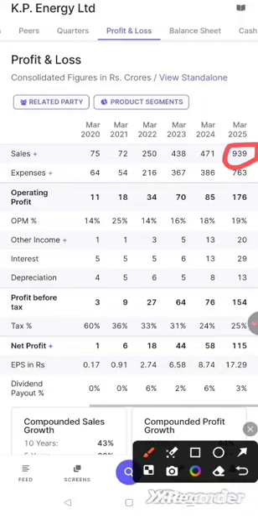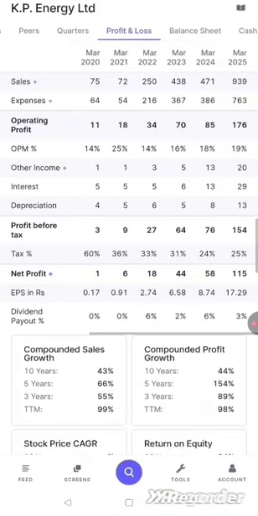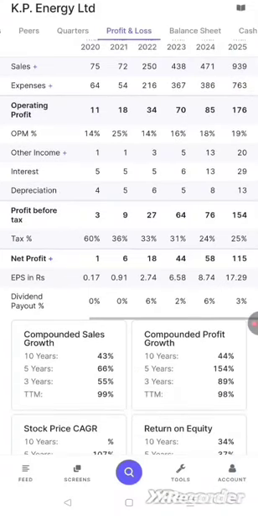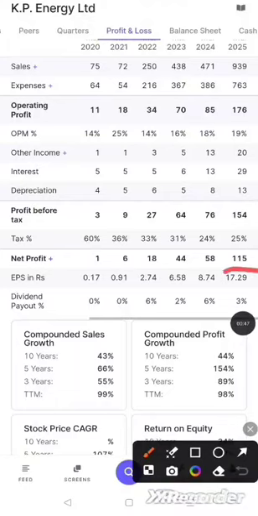If they increase the top line by 60 to 70%, it means they will increase the operating margin as well as the net profit by 60 to 70% as well, which means the EPS will also increase by 60 to 70%.